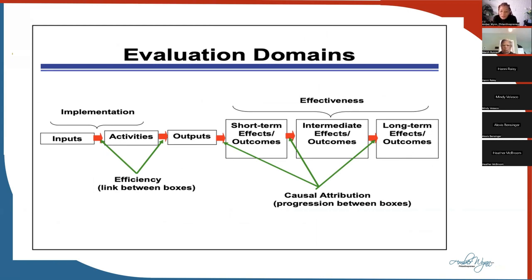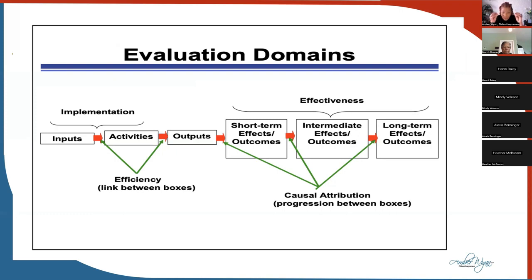In terms of effectiveness, those short-term outcomes and those medium outcomes and long-term, like if Amber as a nonprofit leader increases in skill and knowledge, when we talk about causal attribution, what should happen, remember when we talk about the assumptions, what should happen is that her staff is going to increase in their knowledge and skill.